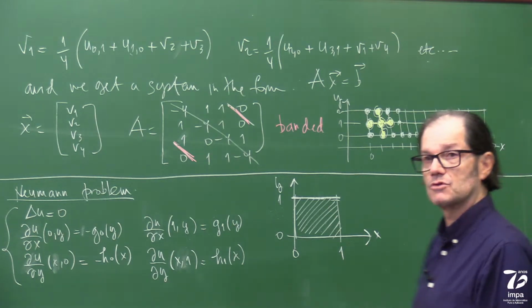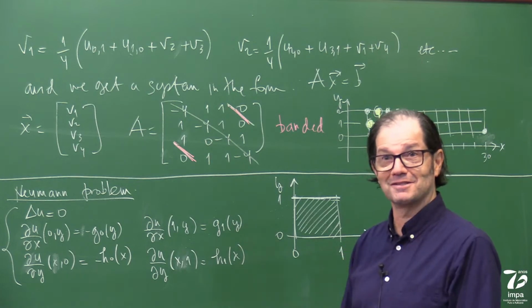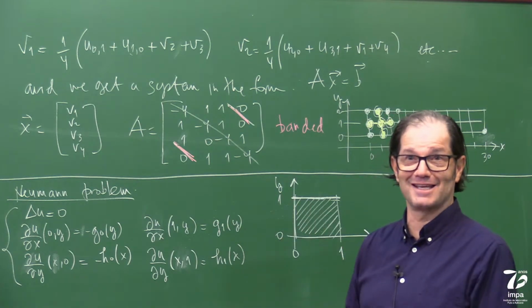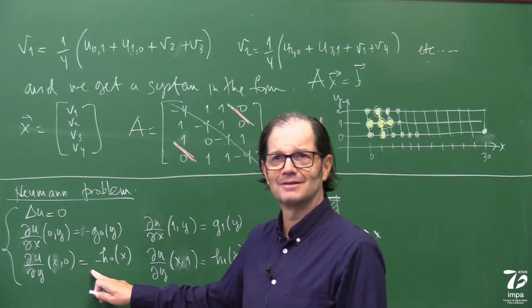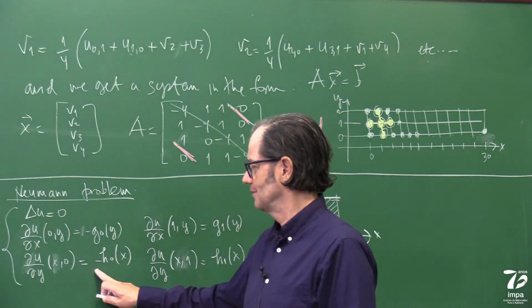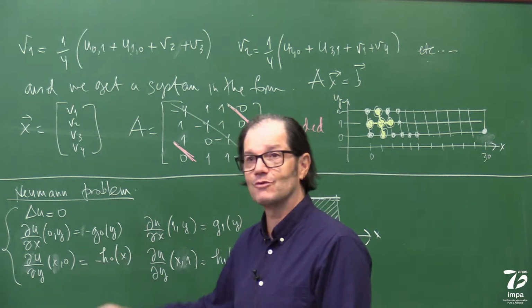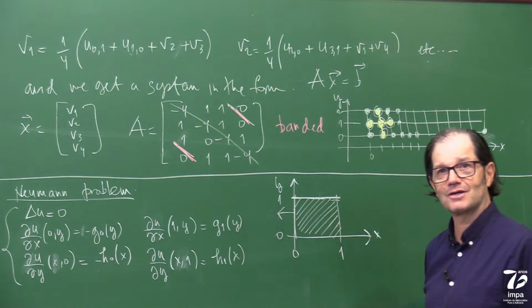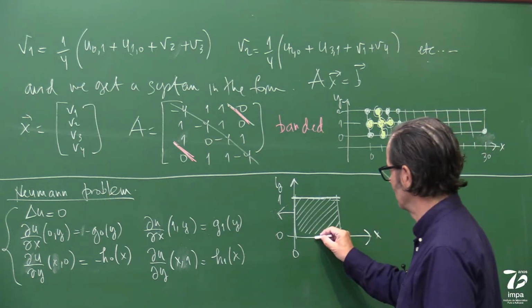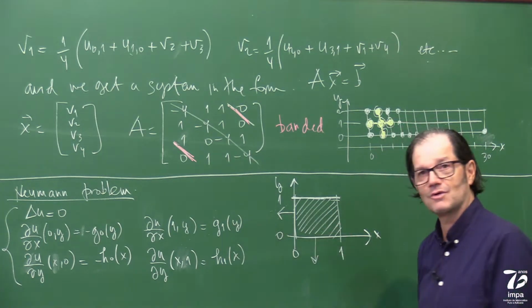Okay? For a minute, as I'm writing, translating, and talking, and making mistakes sometimes, I was thinking, why do I have this minus sign here? Well, it's because the normal derivative here is in this direction. And the normal derivative here is in this direction, right?